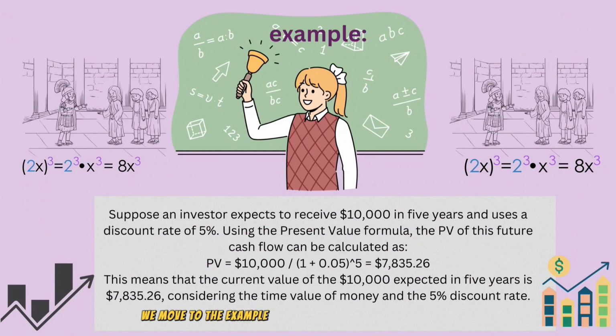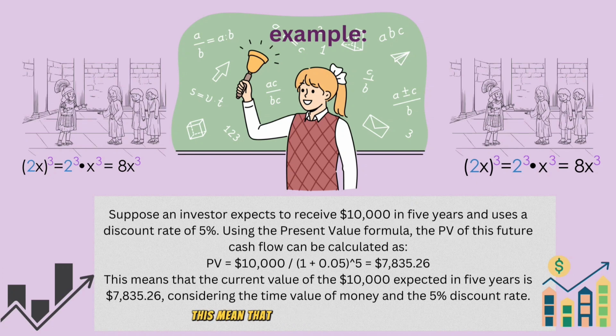For the example, suppose an investor expects to receive 10,000 in 5 years and uses a discount rate of 5%. Using the present value formula, the present value of the future can be calculated as present value equals 10,000 divided by (1 plus 0.05) to the power of 5, which equals 7,835.26.